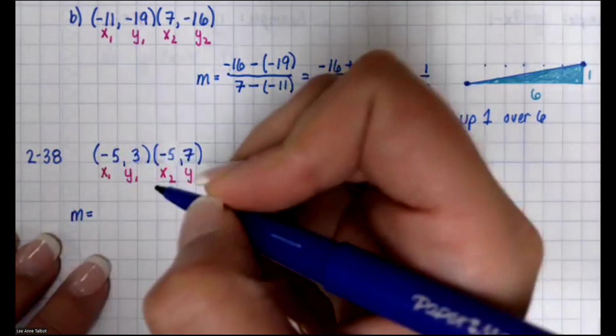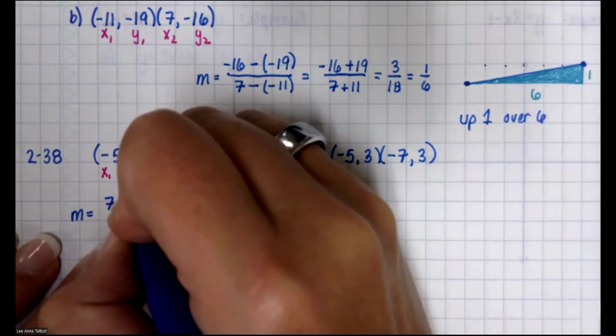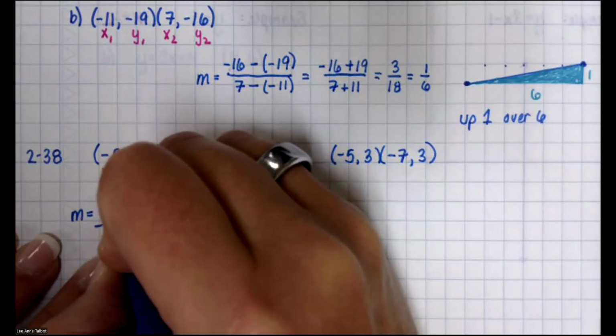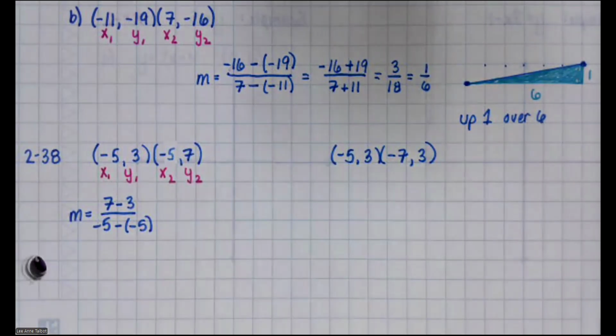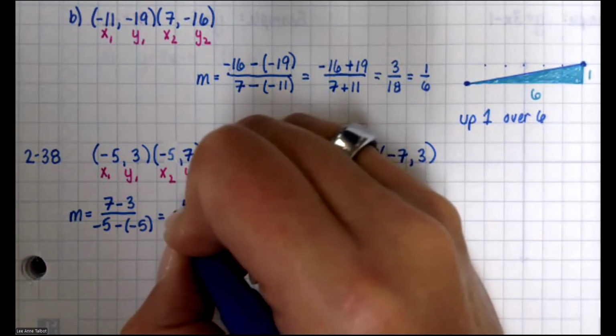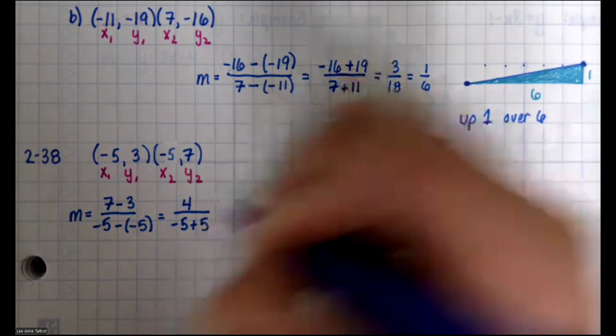M equals Y2 minus Y1 over X2 minus X1. And this is 4 over negative 5 plus 5.